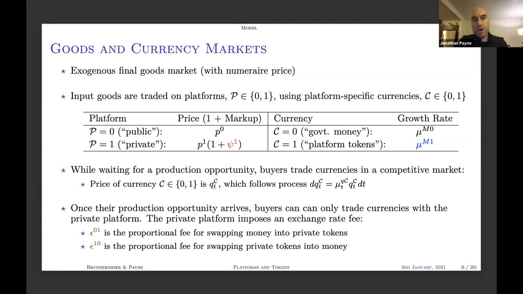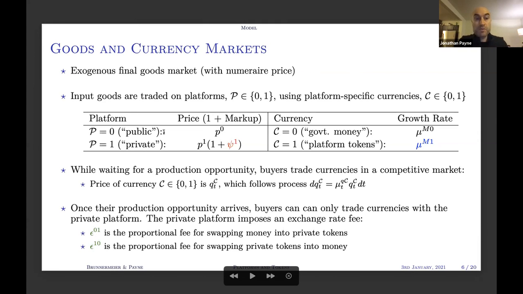The action in this model comes in the market for input goods, and these input goods that these sellers turn up with and the buyers want to purchase. These input goods are traded on two different platforms. And I use P to denote the platform, and they're traded using platform-specific currencies, which I denote by C. So I'll call P equal to 0 the public platform. And the public platform is completely competitive. So all the input goods trade at symmetric prices, P0.